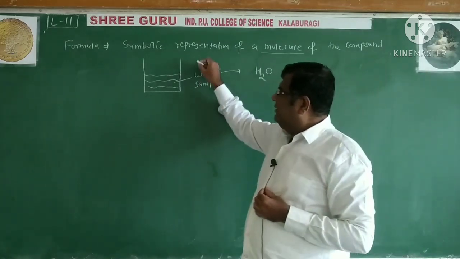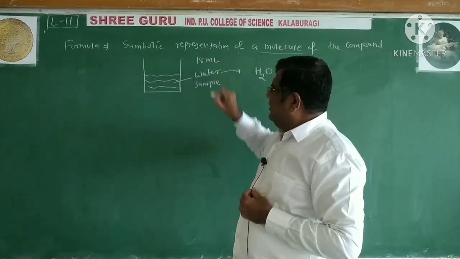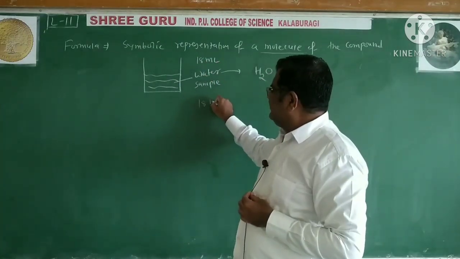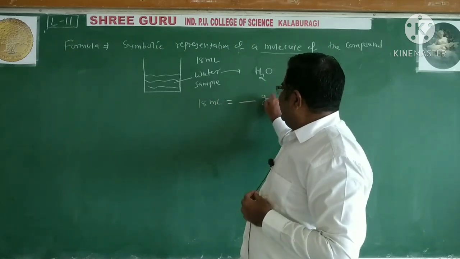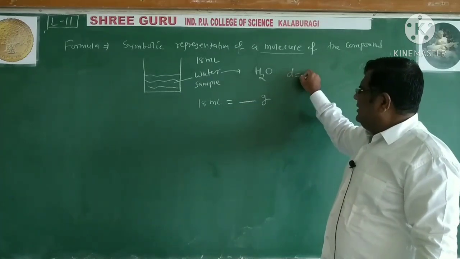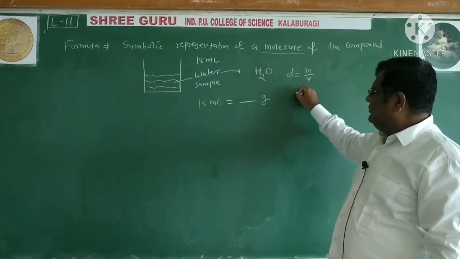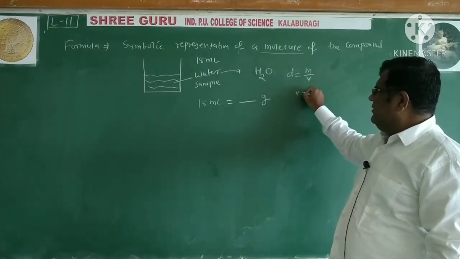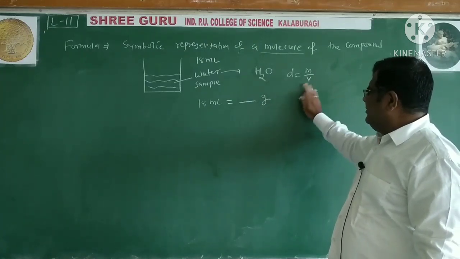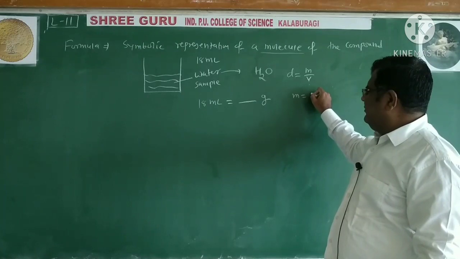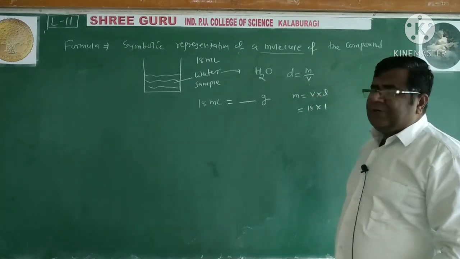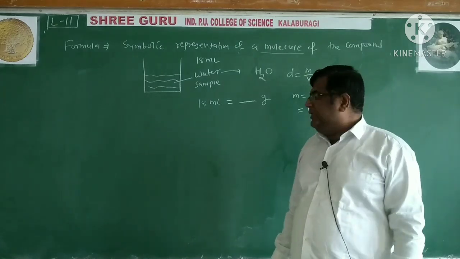If we take 18 milliliter of water sample, how many gram of water is it? Density is equal to mass by volume. That's why V is equal to M by D, or M equals V into D. Density of water is 1 gram per milliliter.